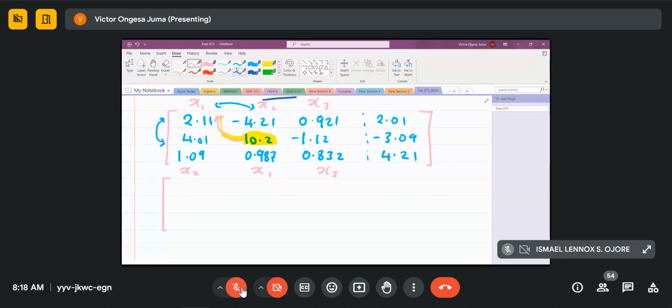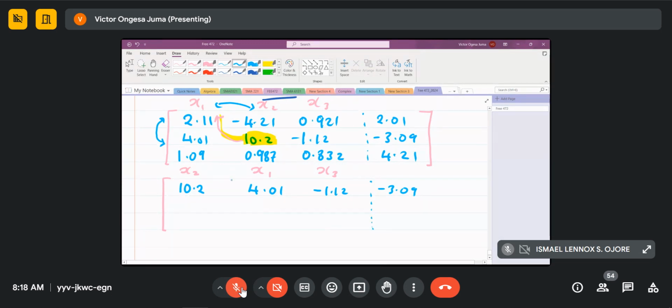And so if we switch this, here I'll have 10.2, right? And then I'll have 4.01, and then minus 1.12, and then I have minus 3.09. If I make a mistake, you let me know.